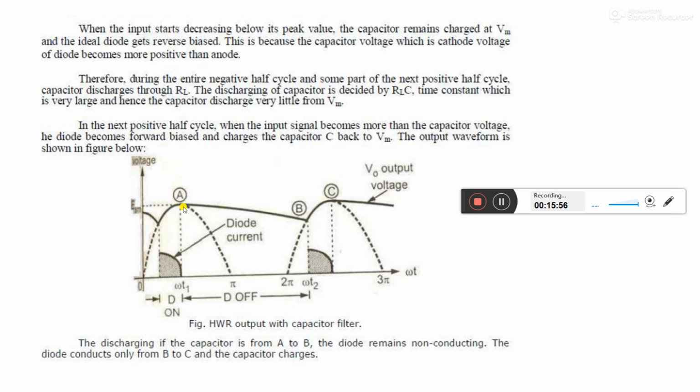After the maximum voltage, it starts decreasing, that is during the negative cycle.